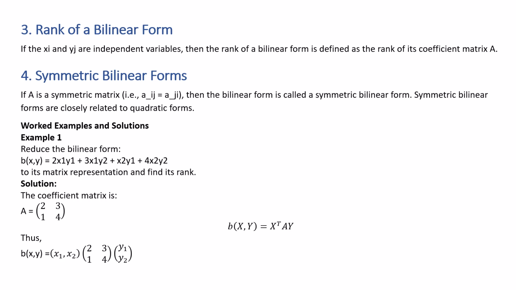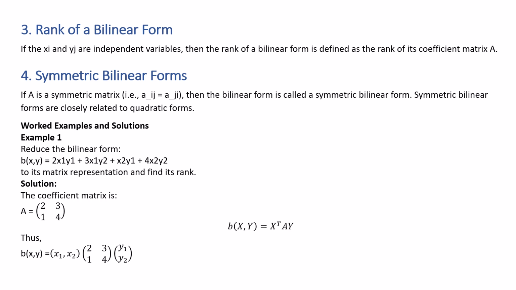This is the equation given to you, a bilinear form. From this equation, we bring out our matrix representation, then find the rank of that matrix. The rank of the matrix is the same as the rank of the bilinear form.